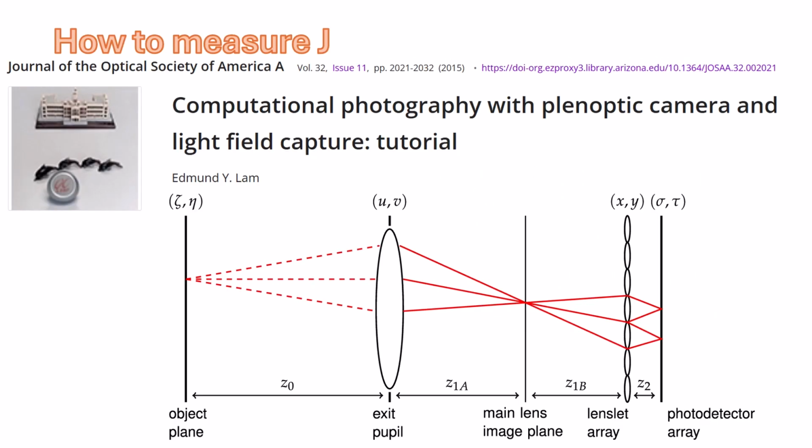for systems that measure some form of coherence projection near the focal plane. The most common one is this idea of plenoptic cameras, which are used primarily for focal stacking or high depth of field imaging. But really, if you analyze what they're doing, they're measuring some kind of coherence projection of the main image.